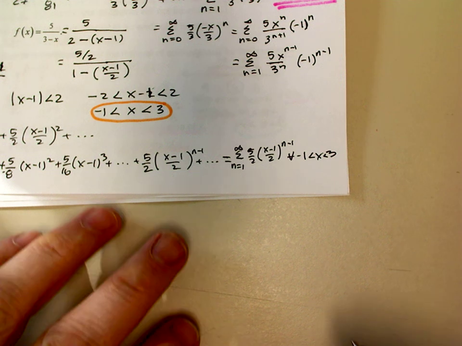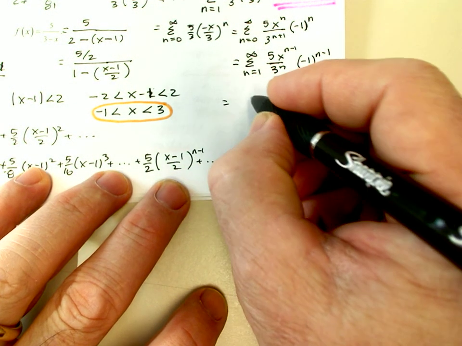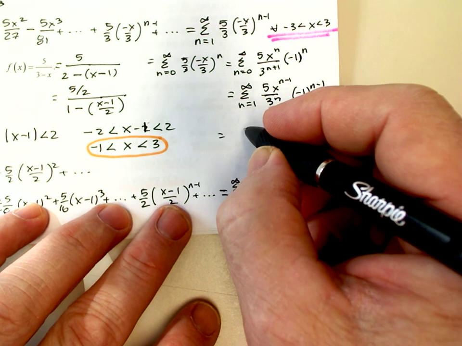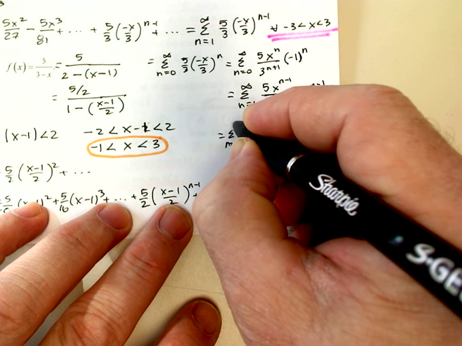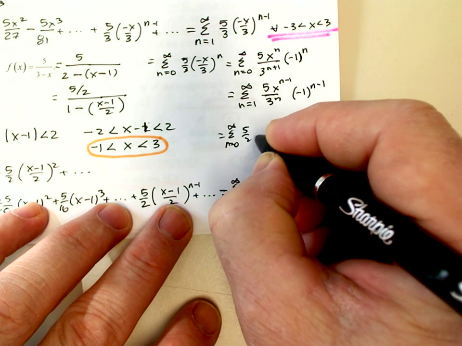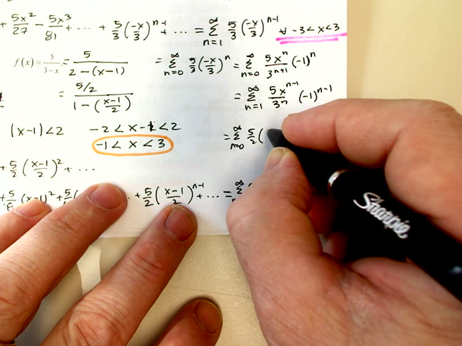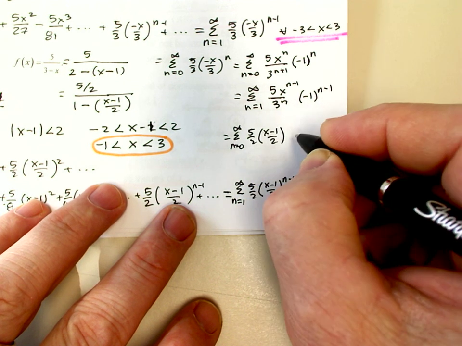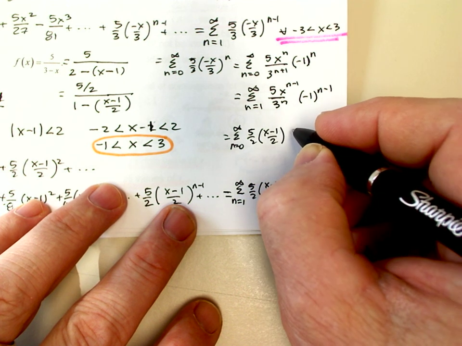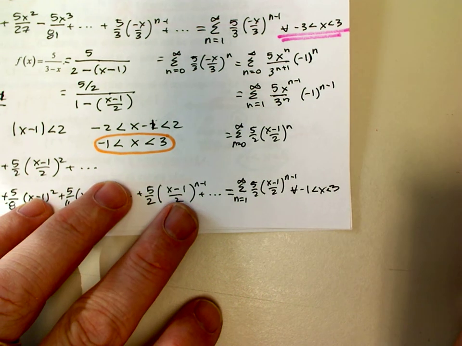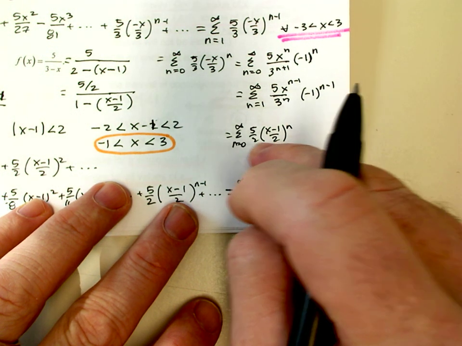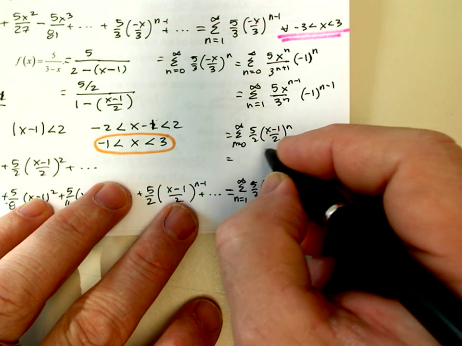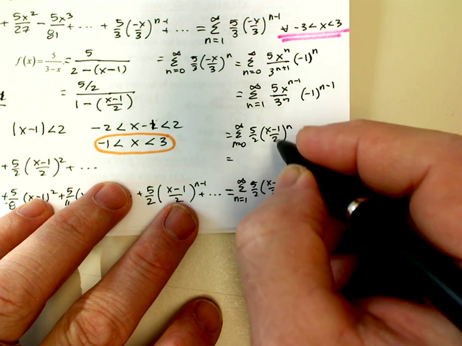I'll go ahead and rewrite this, just moving it up here since I ran out of room. I could write it as n equals 0 to infinity of 5/2 times the quantity of x minus 1 over 2 to the nth power. Or being a little creative, I like that denominator, getting that constant out.